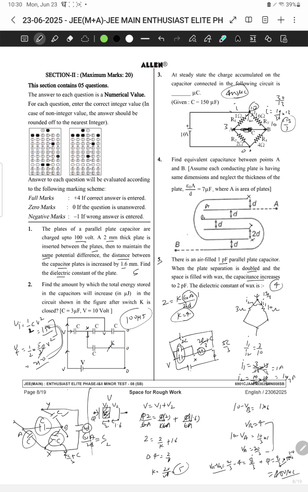C and C by 2, C by 3. C by 3 is in parallel with this, so 4C by 3. 4C by 3 is in series with this one, so 4C by 7. Yeah, there I made a mistake. 4C by 7 plus C, so it is 11C by 7, and now C value is epsilon naught A by D, so 7 cancels, so the answer is 11.